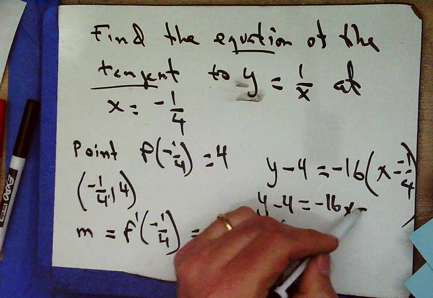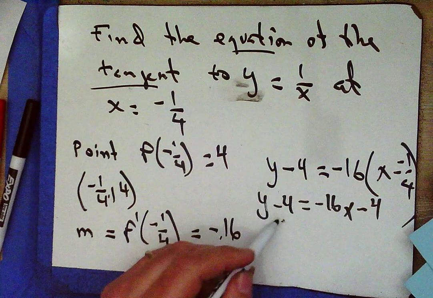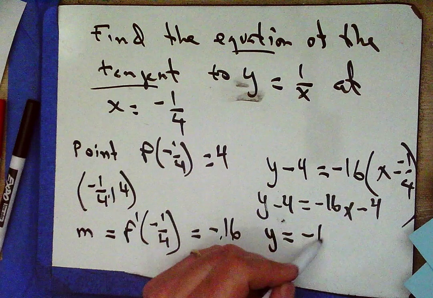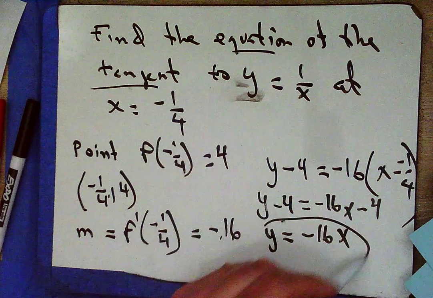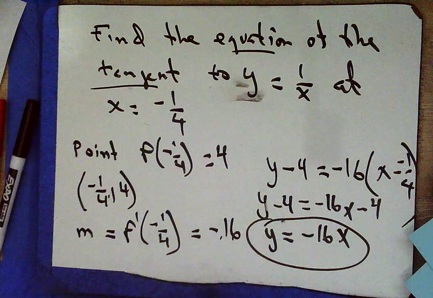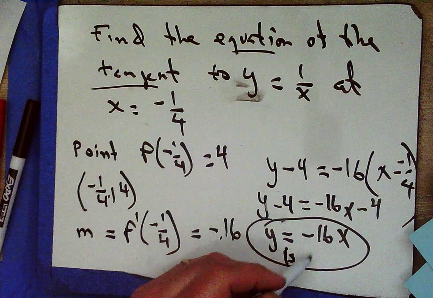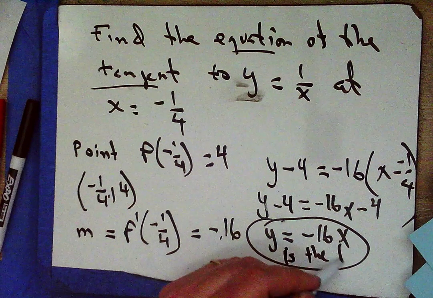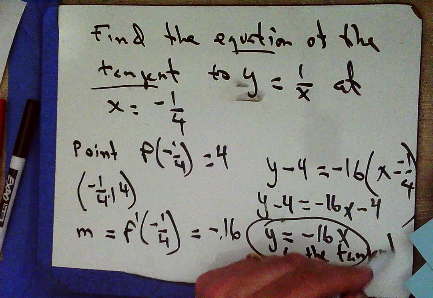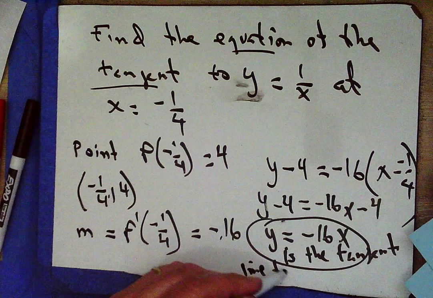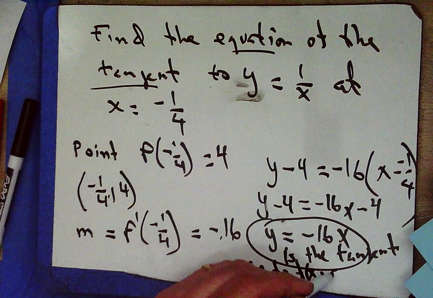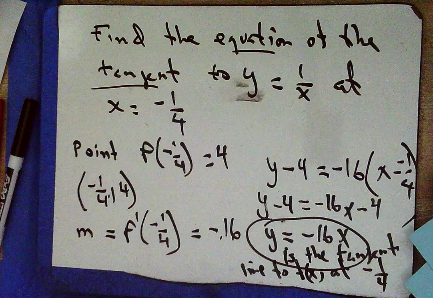This is minus 4, and now I get y equals negative 16x. That's my tangent line equation, the tangent line to f of x at negative 1/4.